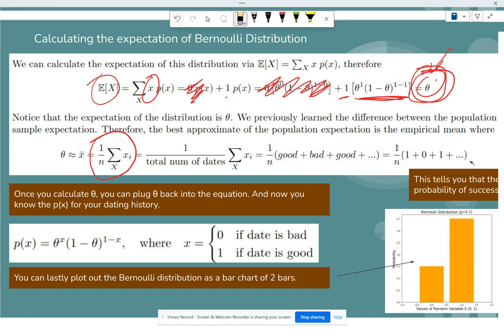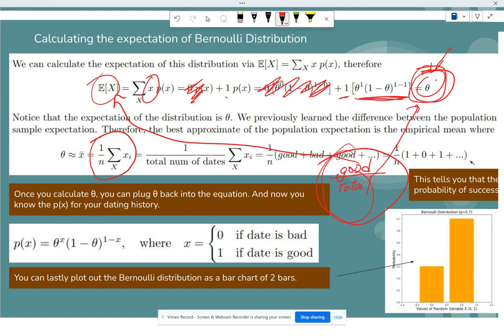So basically, this is the number of good dates divided by total dates. This is the expectation, how many good dates you expect, and this happens to be the value of theta.